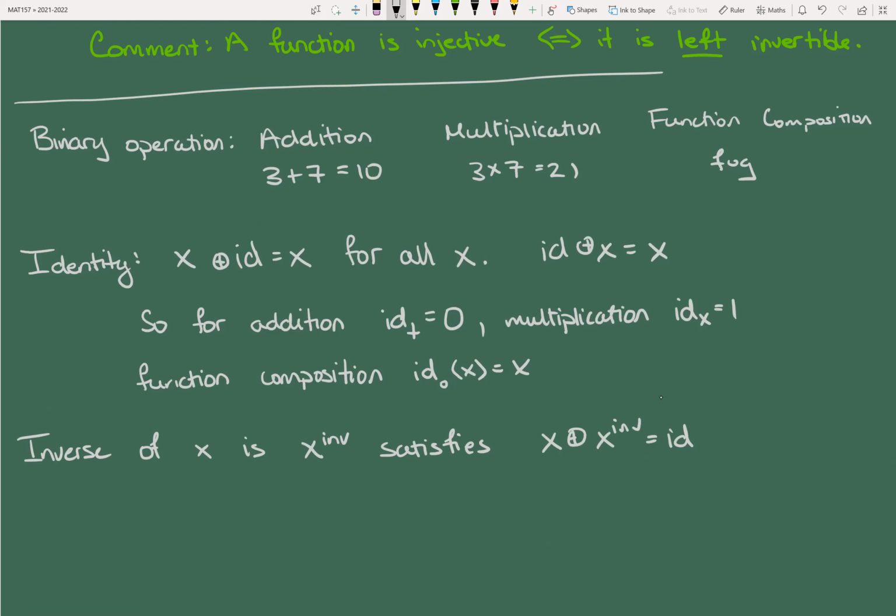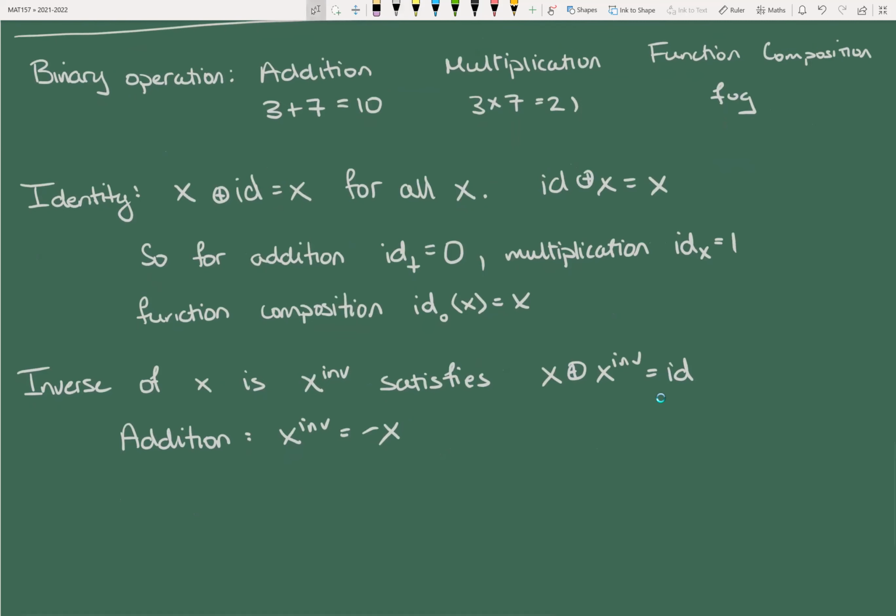Okay, so if you give me a fixed number X, the inverse of that is such that when you combine them with the binary operator, you get back the identity. So for addition, what is the inverse of a number? It's the negative of it, exactly. Because if you take X and add it to negative X, you get back the additive identity, which is 0, right? X plus negative X is equal to 0.